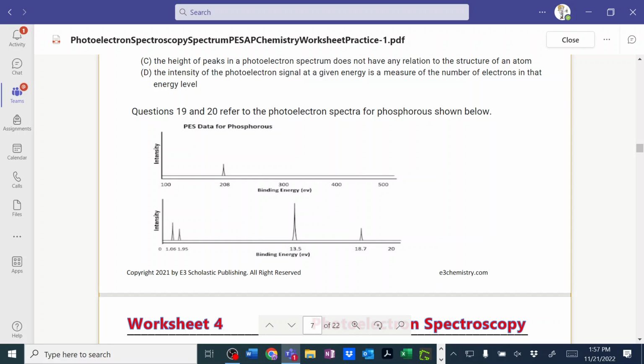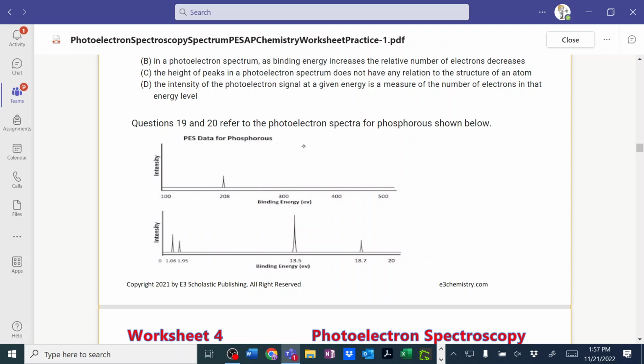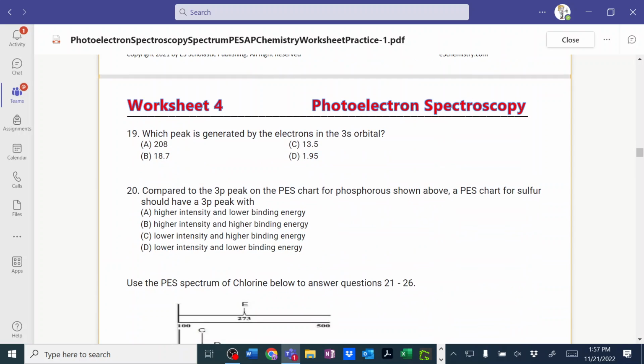Number 19 and 20 refer to the photoelectron spectrum for phosphorus. Oh, they spelled phosphorus wrong. That's really irritating. Shown below. Compared to the 3p peak on the PES for phosphorus above, a PES chart for sulfur should have a 3p peak width.